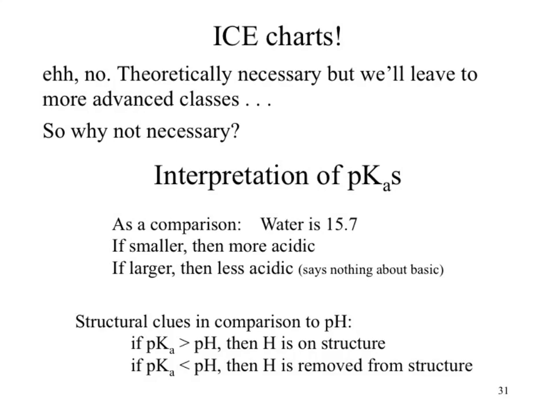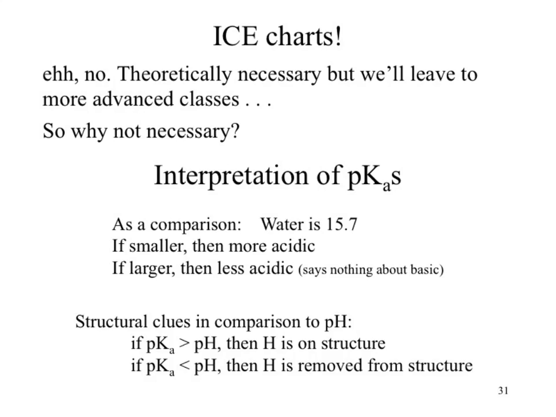Okay? The other thing we can do is compare it off of the pH. Okay? And your textbook references this. Okay? If a pKa is greater than the pH, then we need to make sure the H is on your structure. Okay? That is because if the pH is very low, what does that mean? We are in a very acidic environment. The hydrogen should be on our structure.